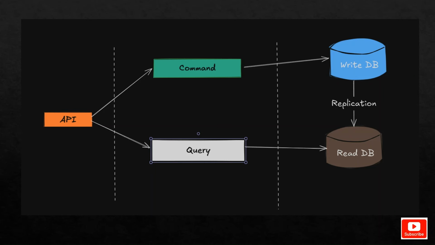Similarly, for queries, we will be using the read DB. And from the write DB to the read DB, a replication will be used. So for all the write operations, a command will be used, and for all the read operations, a query will be used. Here, we are separating the read and write model, and it will help to boost the performance.